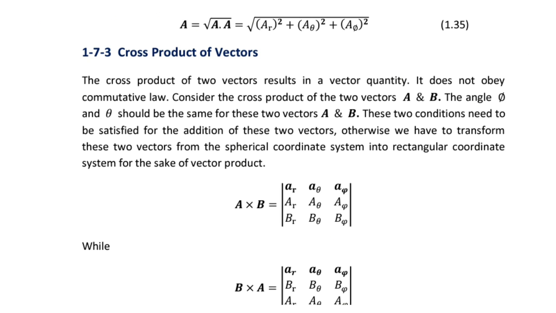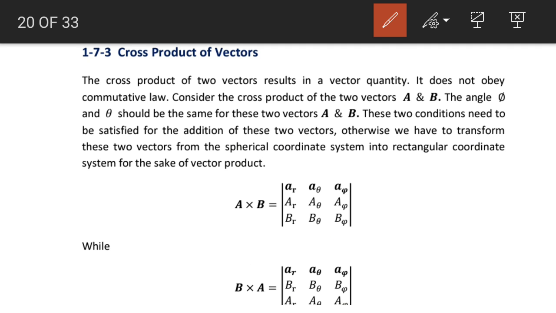The magnitude of vector a will be equal to the square root of a dot a, so it will be equal to the square root of ar square plus a theta square plus a phi square. So equation number 35 is used to calculate the magnitude of a three-dimensional vector in the spherical coordinate system.